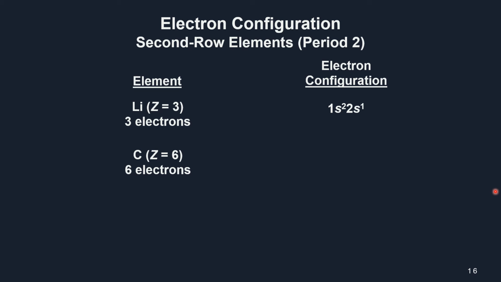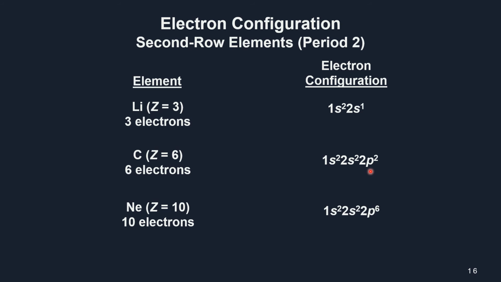All right, carbon has 6 electrons. So it's going to look like this: 2 electrons in shell 1, subshell s, 2 electrons in shell 2, subshell s, and then 2 electrons in shell 2, subshell p.